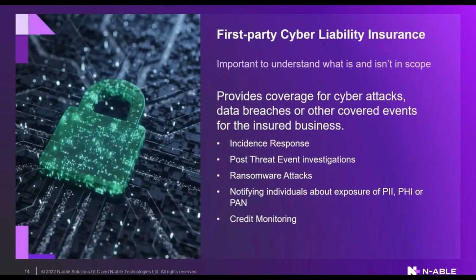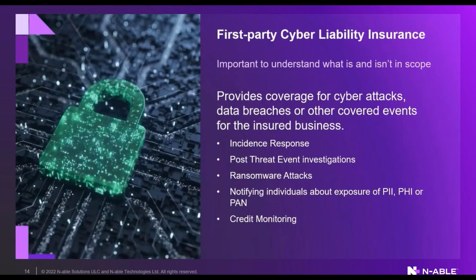For first party coverage, it's covering the insured entity and its losses. Whenever we're talking about first party cyber liability, it's going to cover losses from cyber attacks, data breaches, or any other covered event.